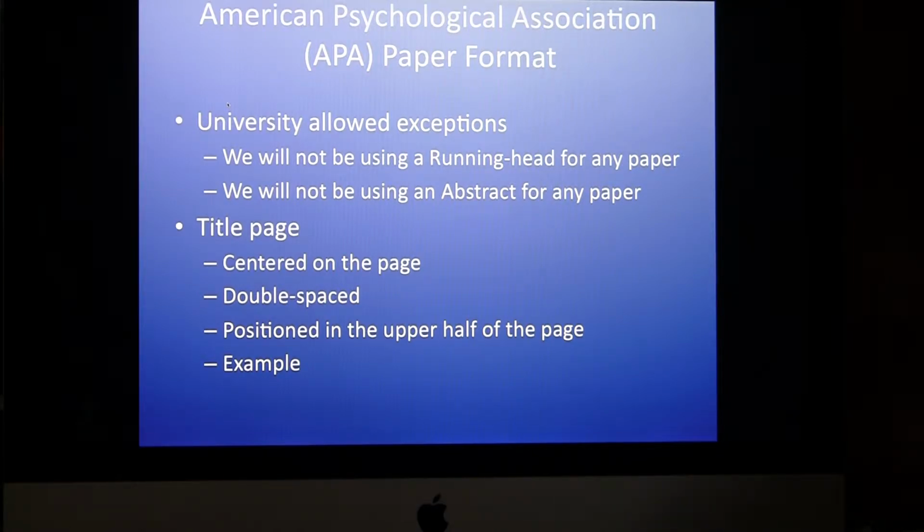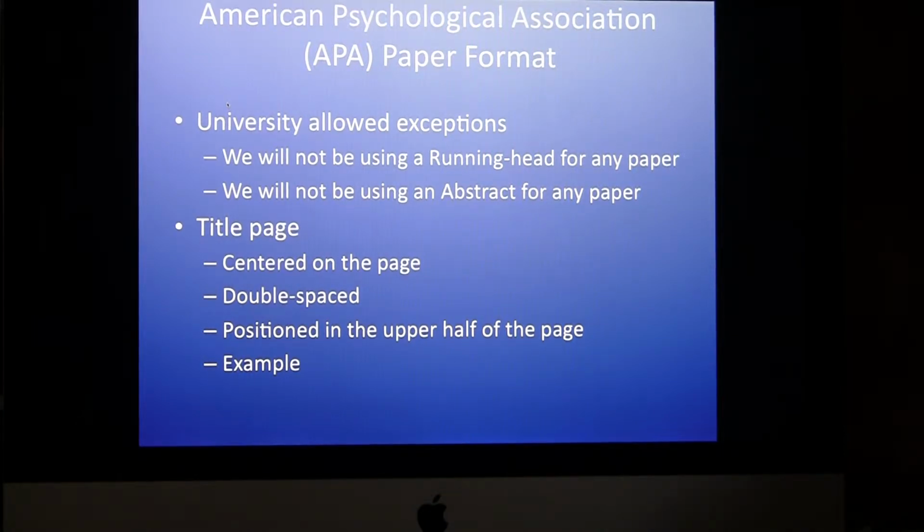The title page is a standalone, one-page introduction to the paper that basically gives information relative to the title of the paper, the date, the author, and the individual that's facilitating the course. This information is centered on the page. Again, it's double-spaced, positioned in the upper half of the page.